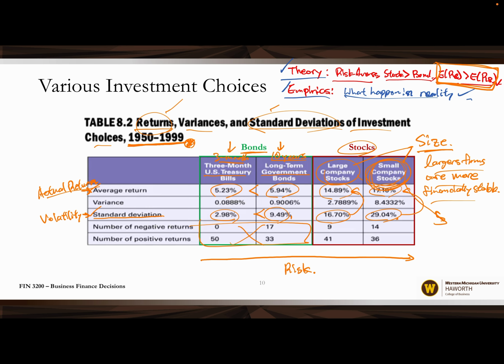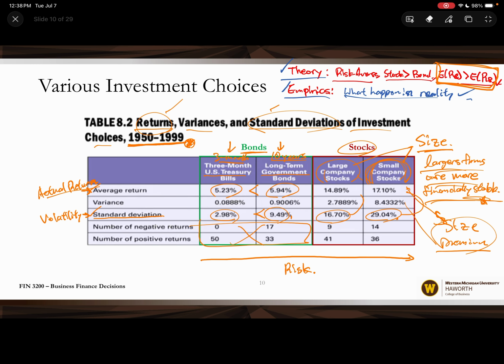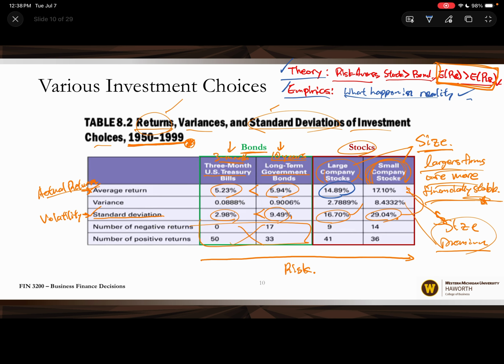Investors don't like risky stocks; they want financially stable stocks. So if they invest in these smaller stocks, they demand a greater premium, and that's what explains this 2.2% difference in annual return. Okay, that will be the size premium.